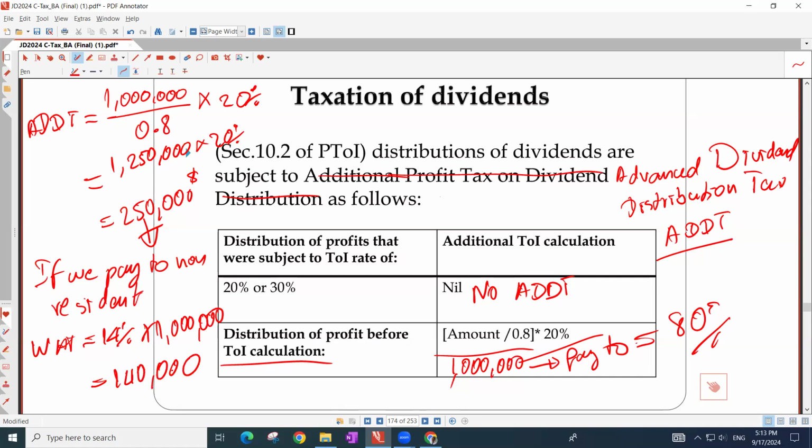Because 1.25 is income before TOI liability, because we distribute a dividend from retained earnings after tax, right? We call that dividend. Okay, that's the rule. He already received 1 million, which is the income that he gets.